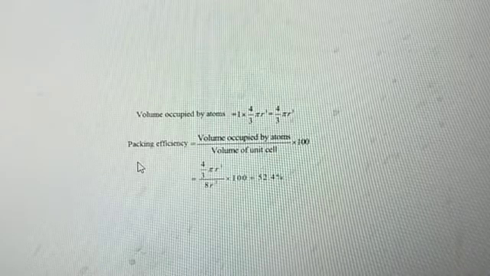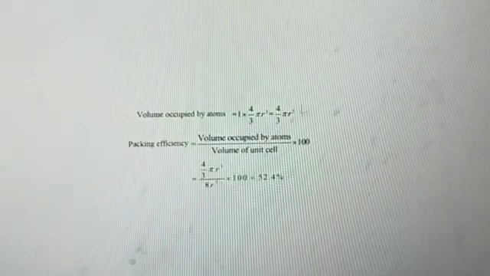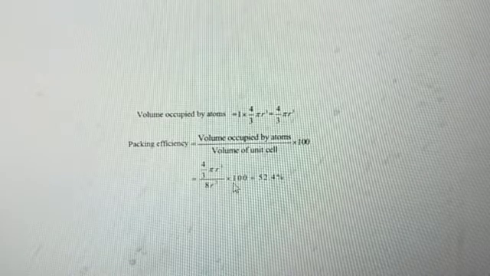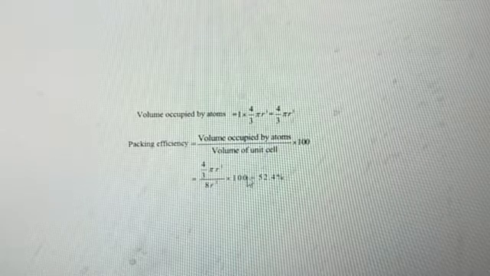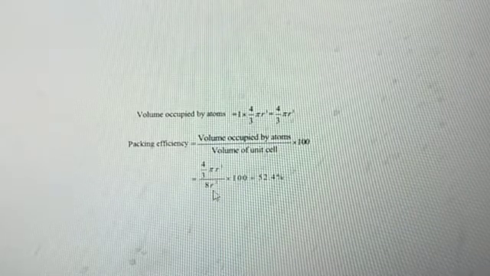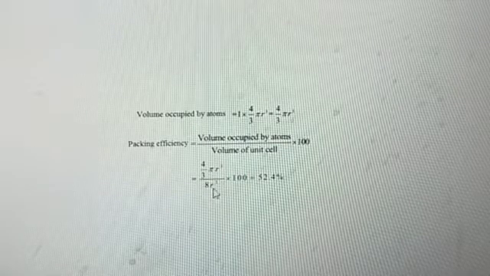Volume of the cubic cell is nothing but A cube, known na. So A cube, 2R whole cube. 2R whole cube means how much will we get? We'll get 8R cube. So 4/3 pi r cube divided by 8R cube into 100. R cube will get cancelled. 4/3 into pi means 22/7 by 8.